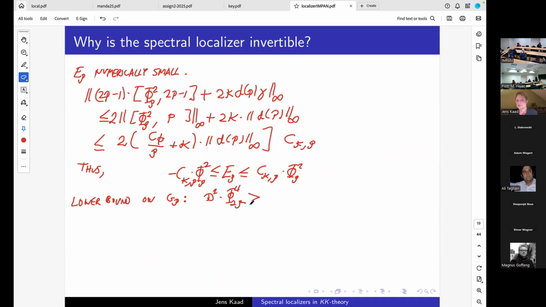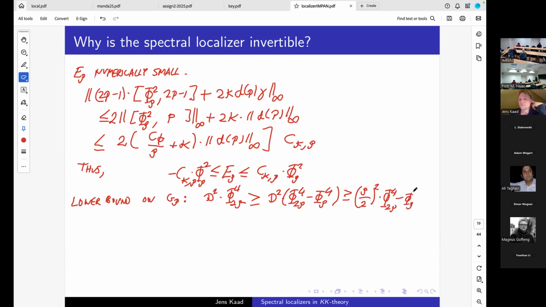Okay, it's always larger than what I get if I subtract something positive. So it's always larger than d squared times phi 2 rho to the fourth minus phi rho to the fourth. And this quantity is always greater than or equal to my parameter rho divided by 2, squared, times phi 2 rho to the fourth minus phi rho to the fourth.